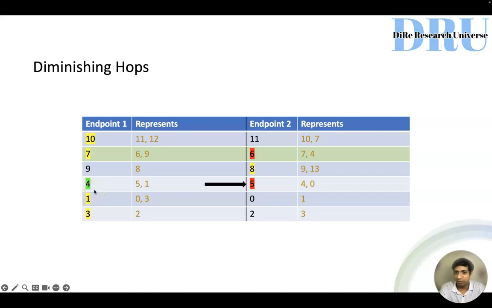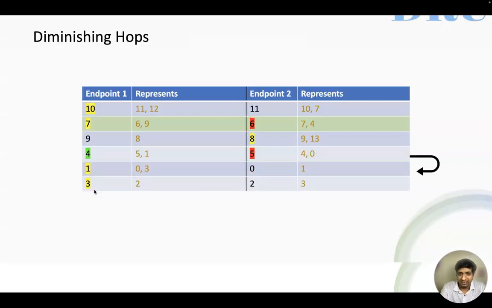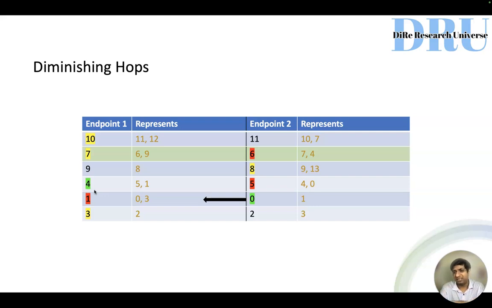Now because we have removed vertex 5, we need to hop below to the row which consists of vertex 0 and freeze it. Now because we are freezing vertex 0, we consequently remove vertex 1. And because we have removed vertex 1, we need to hop to the row that consists of the vertex that is represented by vertex 1.